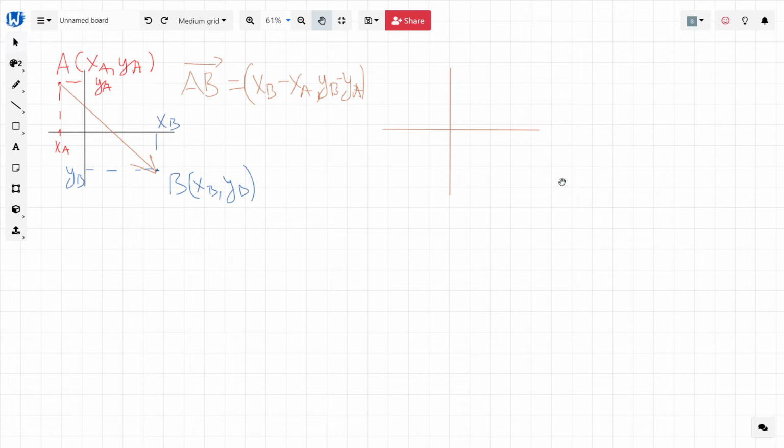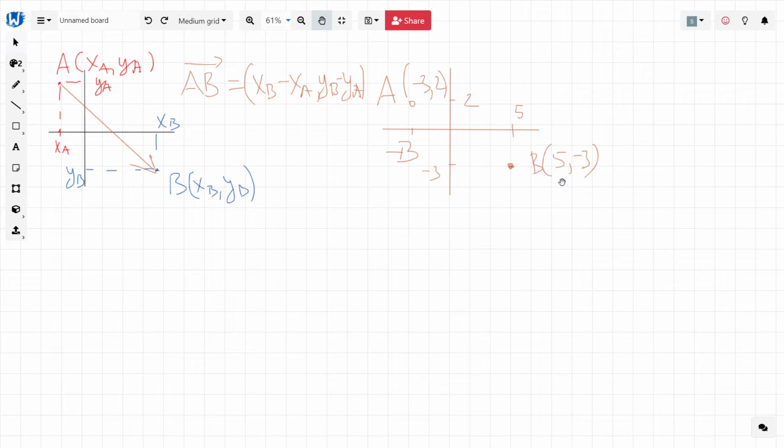And now let's say I have a point A which has coordinates minus 3, 2. This is point A. Then I take point B which has coordinates 5 and minus 3. Okay. It's going to be here. So B has coordinates 5, minus 3. A has coordinates minus 3, 2.